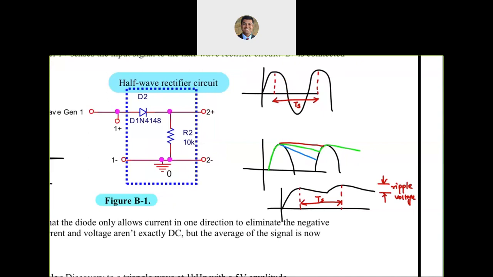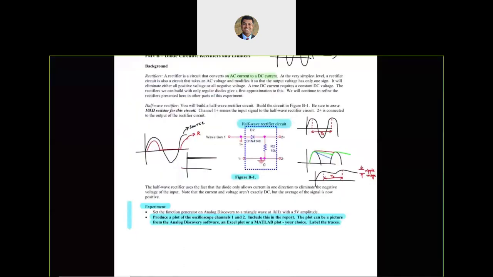So we are going to take a look at adding the capacitor to do a rectification. But if we set up the circuit as shown in figure B-1, the first thing that we will notice is, given an input sinusoid or an input triangular wave, if we measure the voltage across resistor R2, then we should observe something similar to the red line on this graph.